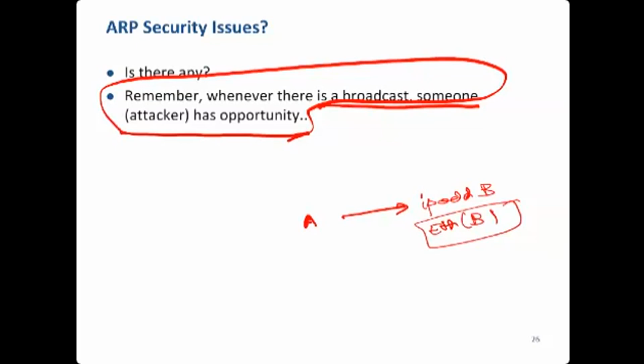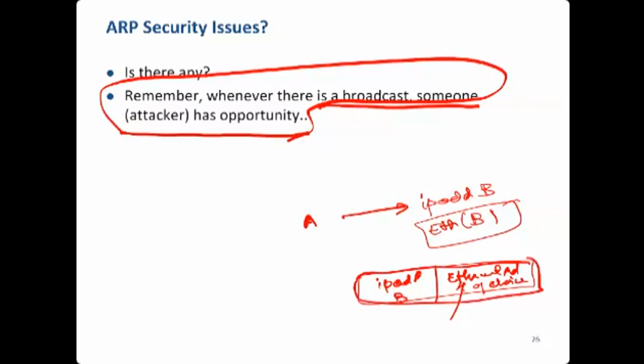Now a rogue element will respond back with the IP address of B and some Ethernet address of his choice. It can be wrong. If he wants to manipulate, it has to be something which will create some harm. Now, what is the possibility?